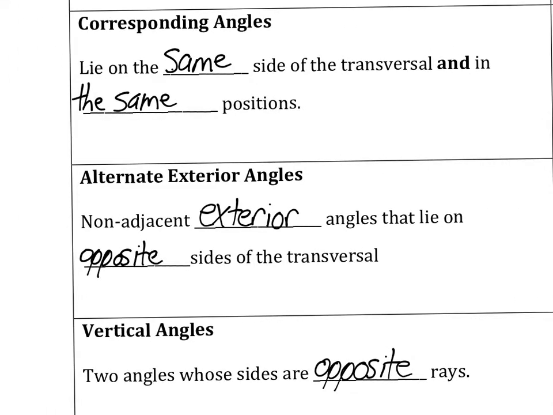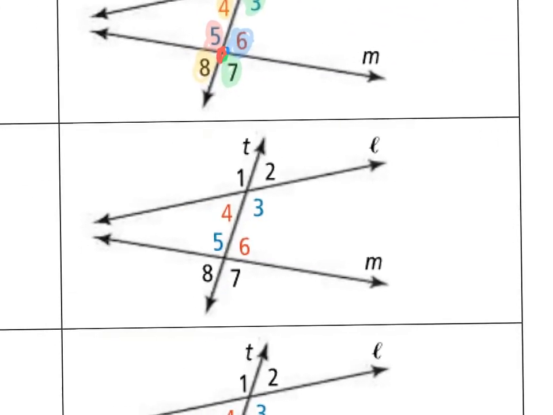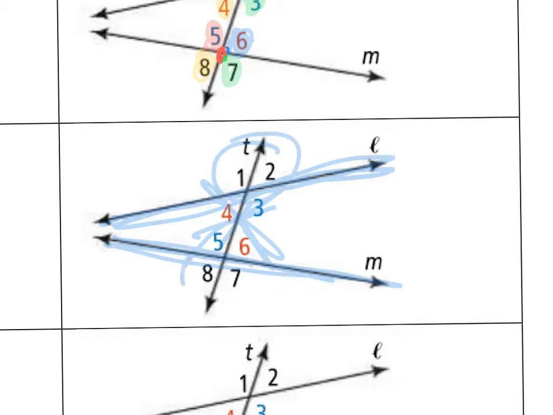Alternate exterior angles. Those are non-adjacent exterior angles that lie on opposite sides of the transversal. So, very first thing I'm looking at, my two lines, they're right here again, line L and line M. So we have that. I want exterior angles. So that tells me that I'm not going to look at anything in here. Those are gone. We're looking at these and these.